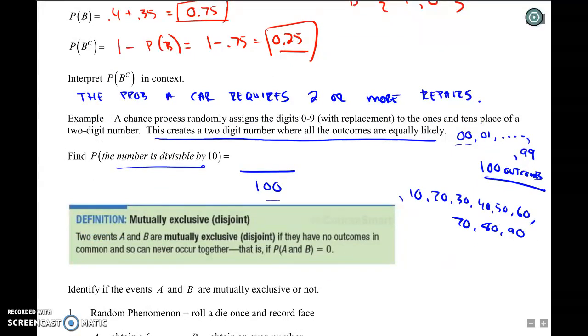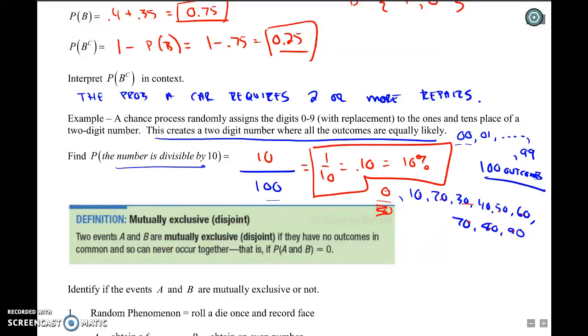The other one we have to be a little careful about is 0. Is 0 divisible by 10? I would say 0 is divisible by any number, right? The definition of divisibility is when you divide it by 10, you get an integer, I think. I don't know. So I'm going to say 0 is included. So 1, 2, 3, 4, 5, 6, 7, 8, 9, 10. So I would say that is 1 out of 10, or 0.1, or 10%.